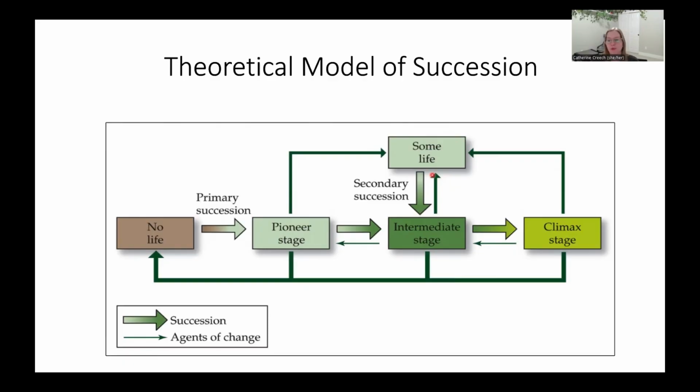As life fully moves back into the area, and our ecosystem returns to what it used to be or a stable version of whatever it is now, we call that a climax stage. So this would be an ecosystem in equilibrium. Climax means like it's fully mature. It is a stable, mature forest. It is biodiverse, it is happy, it is stable.